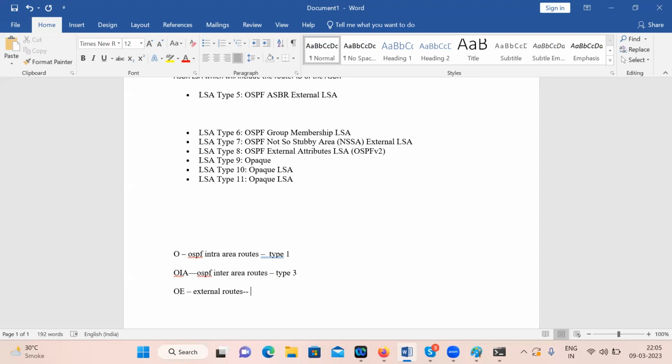When the ASBR router informs every other router, they will mark that route as an OE route. So external routes are coming through type 5 LSA, not type 4. Type 4 is responsible for flooding the ASBR information, not the external route information.